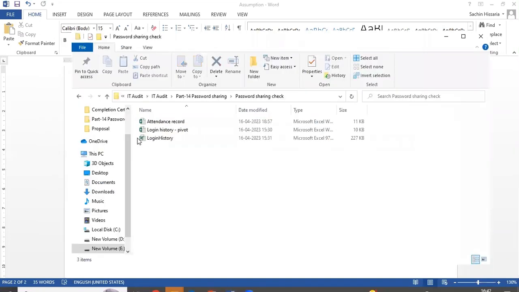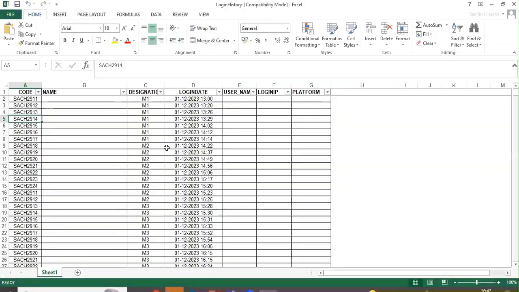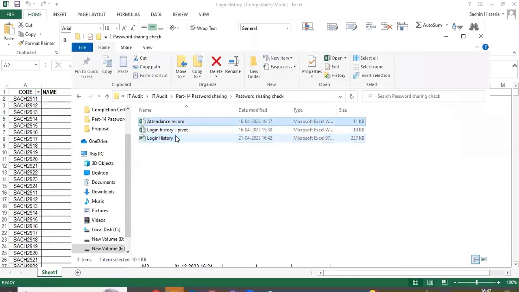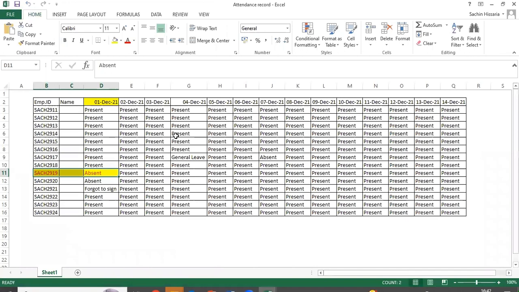For example, this is your login history. You have asked for the login history data, and this is your attendance record. Now as an auditor, what you need to do here is, for example, here one employee ID is given, SACH 2919.